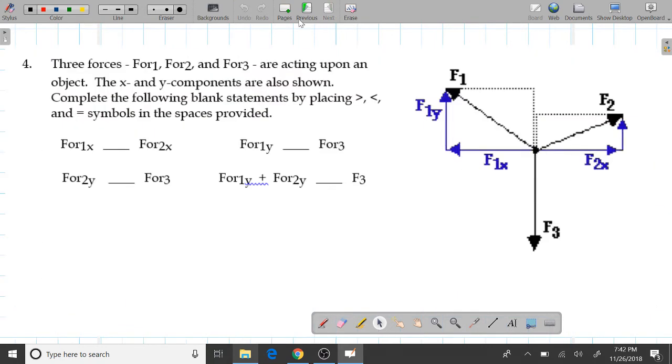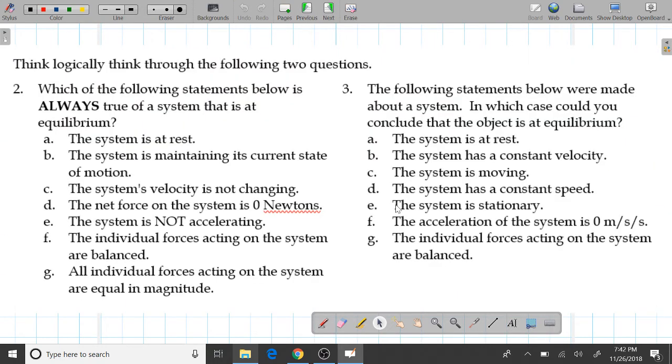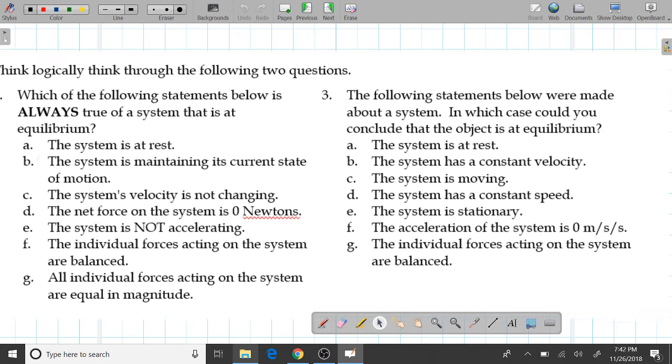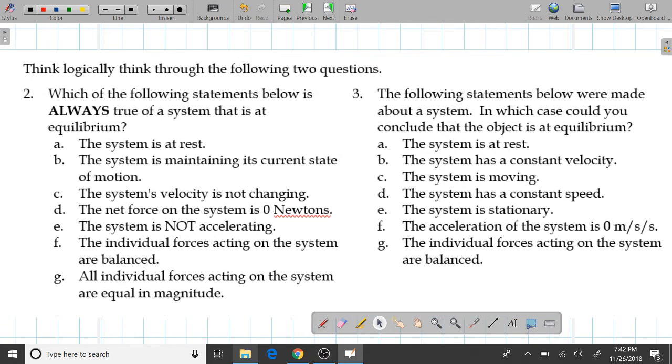So with that said, let us look at number 2. Which of the following statements below is always true of a system that is at equilibrium? Well, if it's not accelerating, that means the system is maintaining its current state of motion. So B could be a statement that's always true.